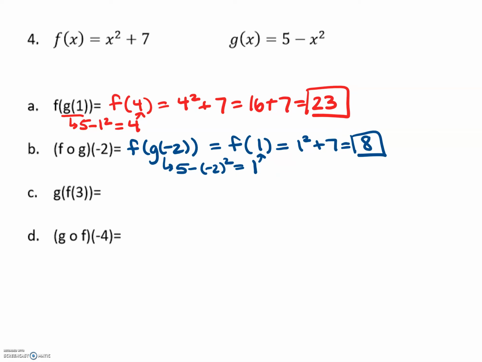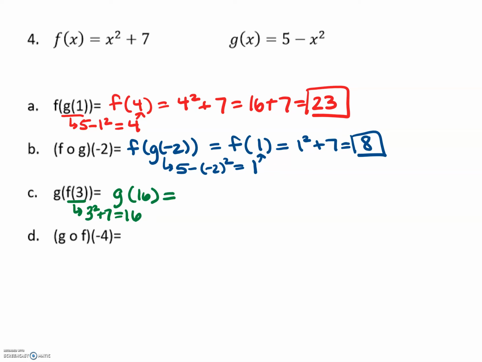Let's look at C. Again, it's already written in the form that I want it to be in, so the first thing I'm going to figure out is what is f of 3. So I'm going to go up to f. So 3 squared plus 7. So what's 9 plus 7? That's going to be 16. This time g's on the outside. We just found f of 3 to be 16.